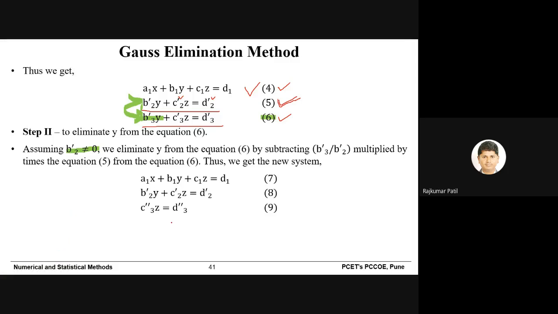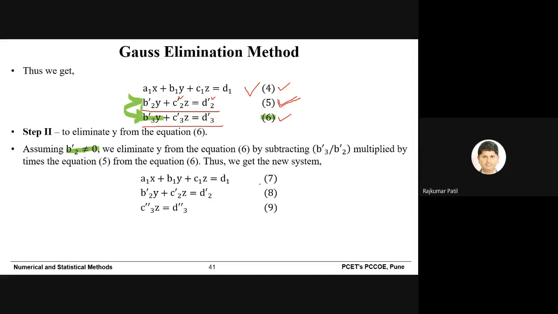And then eliminate y from equation number 6 by subtracting b3 dash divided by b2 dash times equation 5 from equation 6.